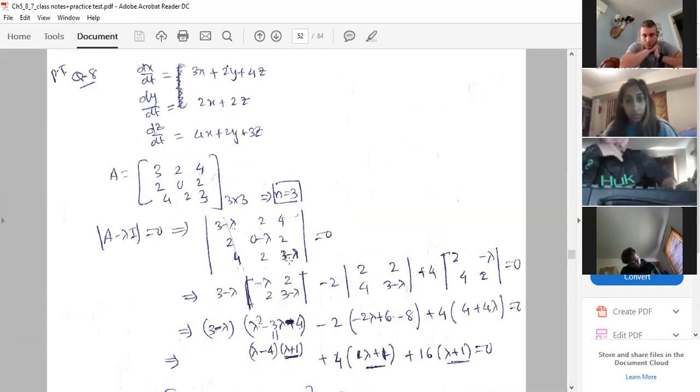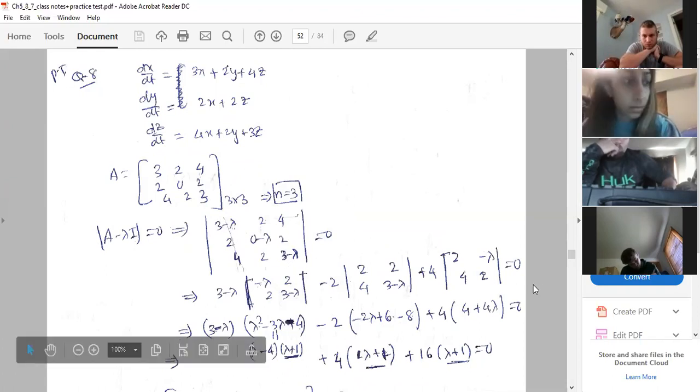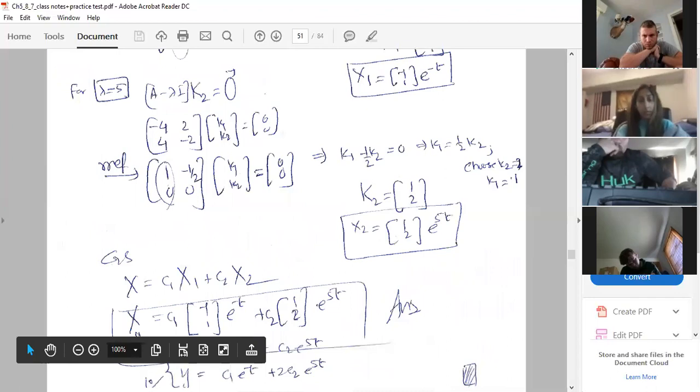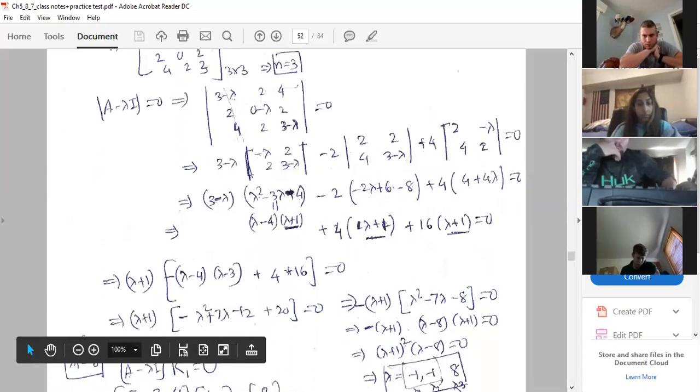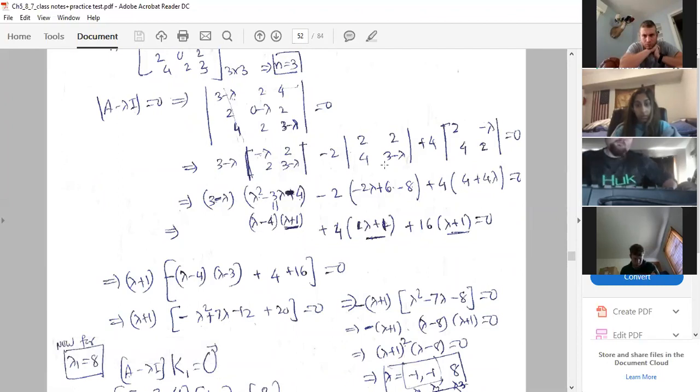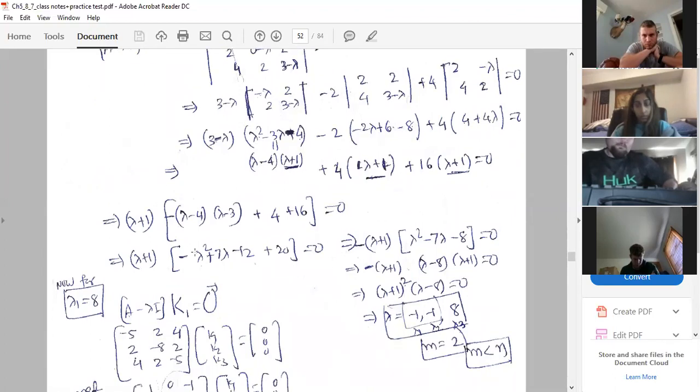The left out part is this one, the determinant, that is equal to 0. Open this determinant, you will end up with some cubic equation. If you want, you can take the factors like this, otherwise it is not required. You can just open the brackets and you end up with a cubic equation.